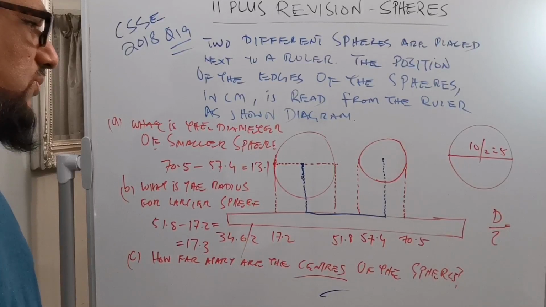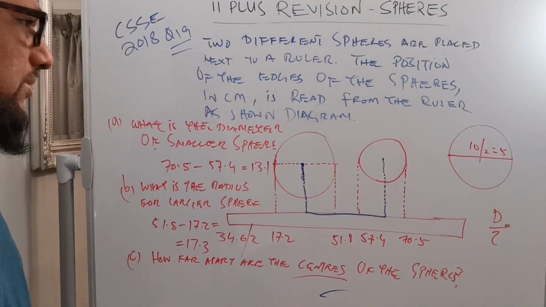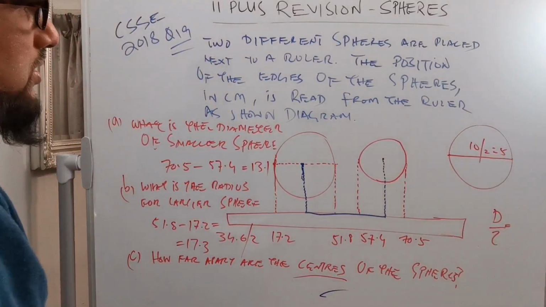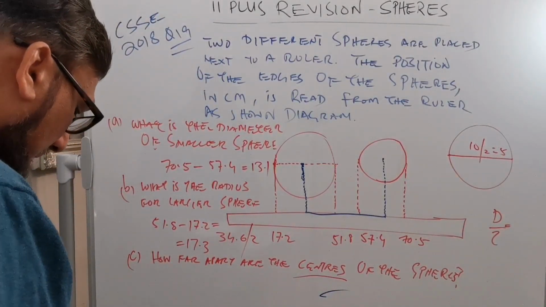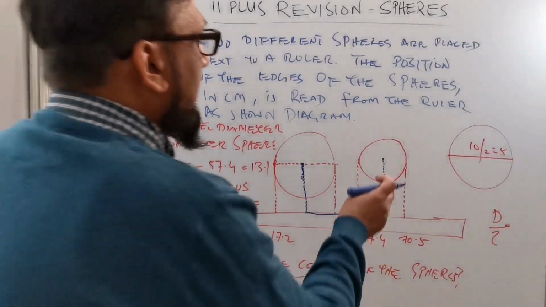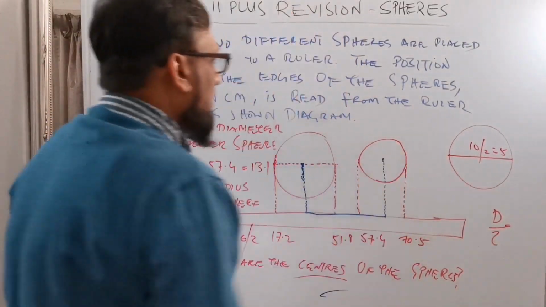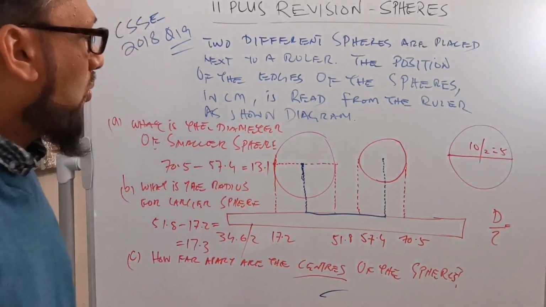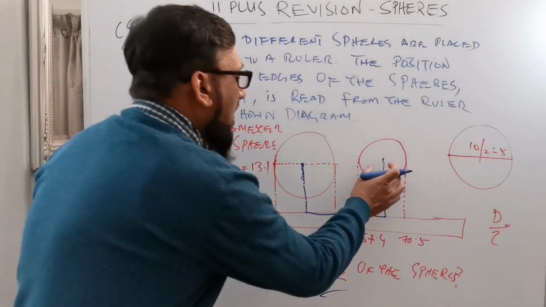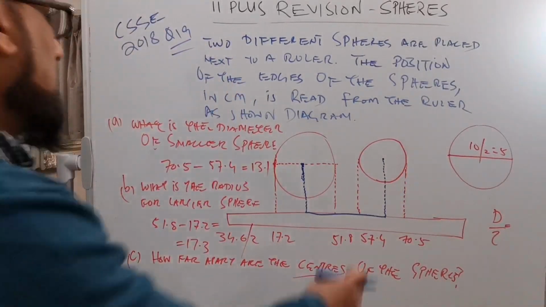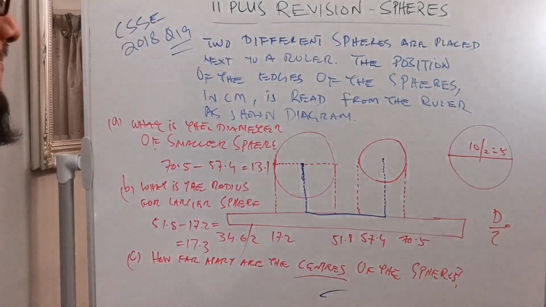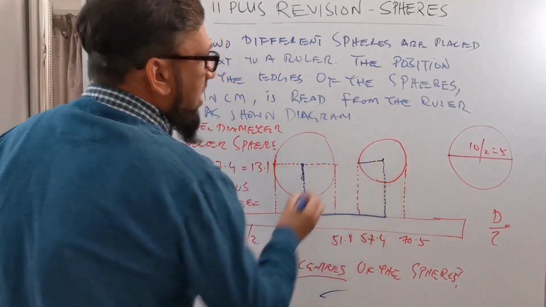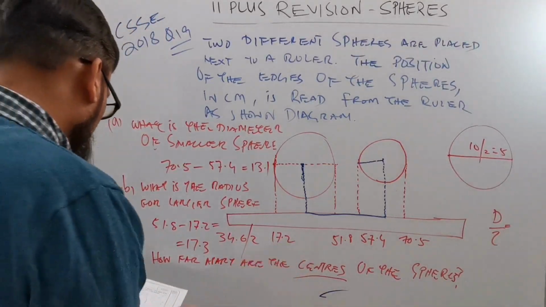How do we calculate this? We already worked out the diameter of the smaller sphere, 13.1.